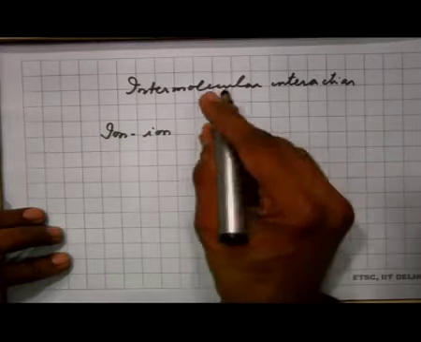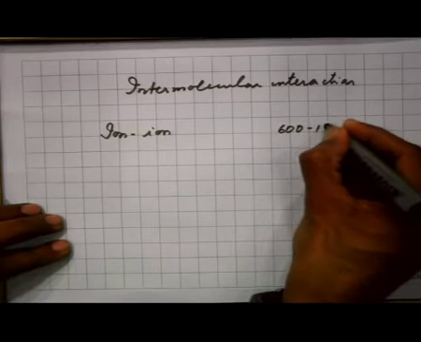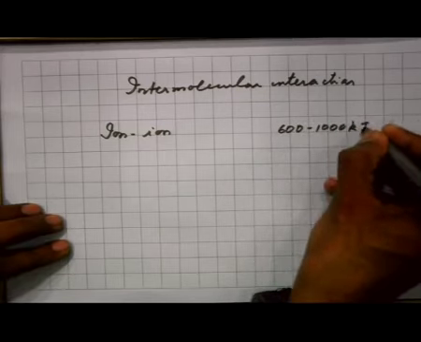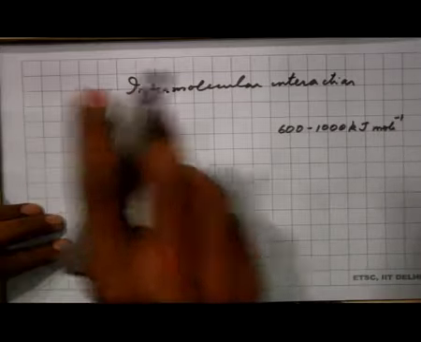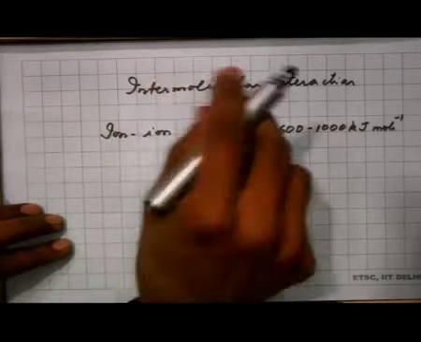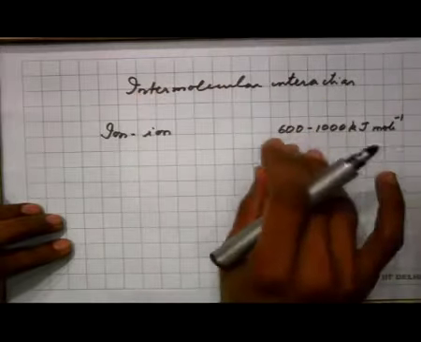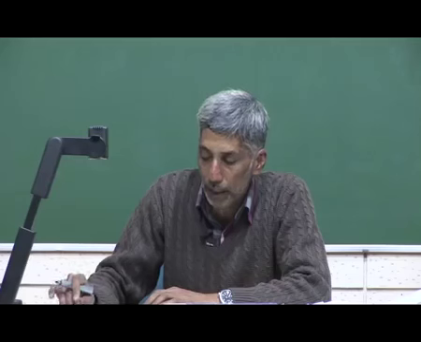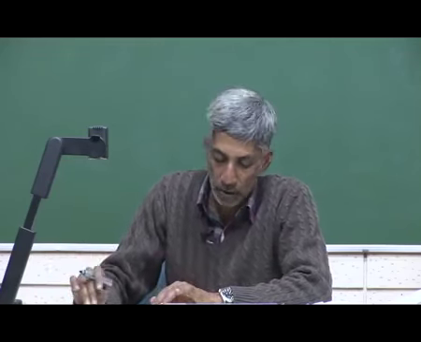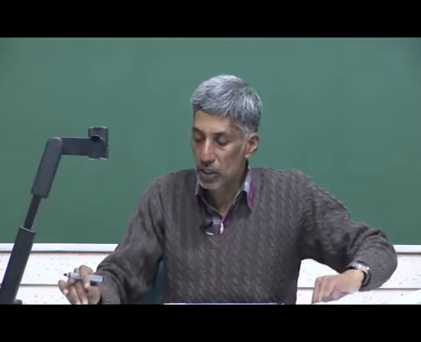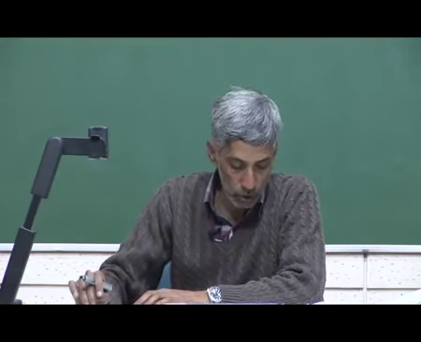This is a relatively large interaction, and it has typical values of 600 to 1000 kilojoules per mole. Now, when I write numbers like this, if you go and look at a book, you will find different numbers. So, do not get too worried if the numbers do not exactly match what we are saying. We only need a rough estimate of this. This is the biggest interaction that one will see between two molecules.